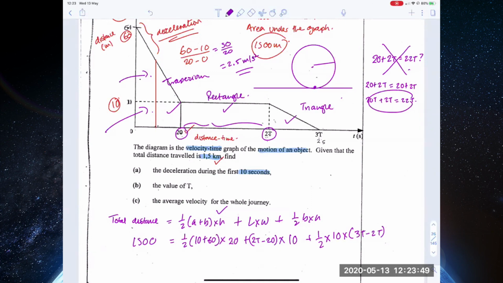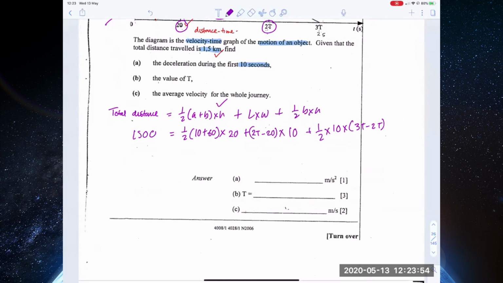Now let's simplify. I'm going to multiply everything by 2 because there's a half there. So this becomes 3,000 is equal to 10 plus 60, which is 70. This 10, because we already multiplied by 2, this 2 is gone. Let's rewrite it first.